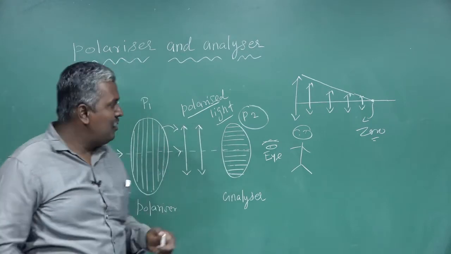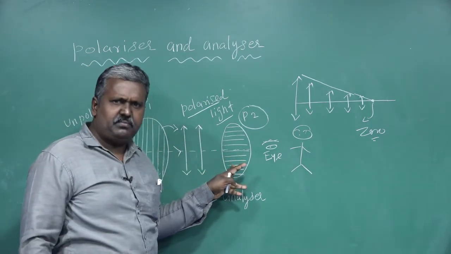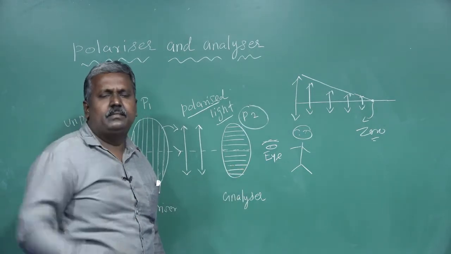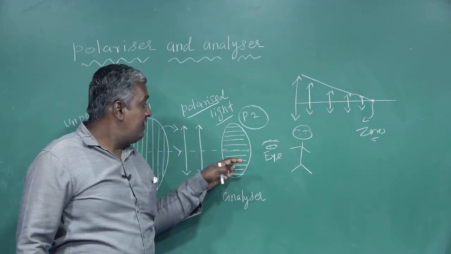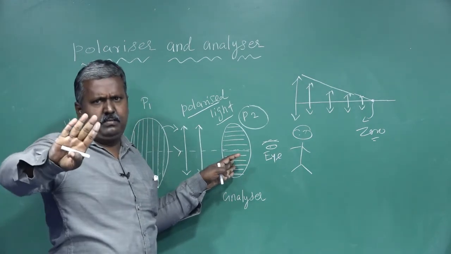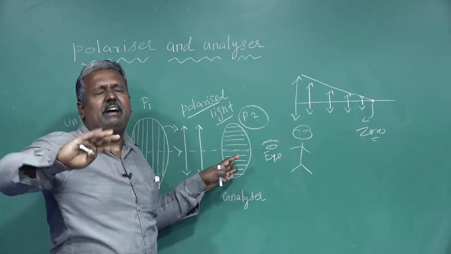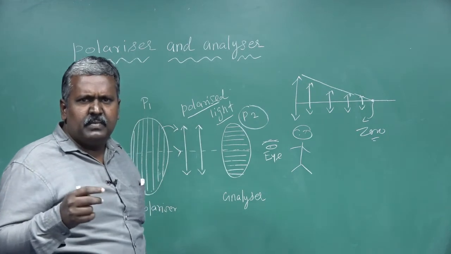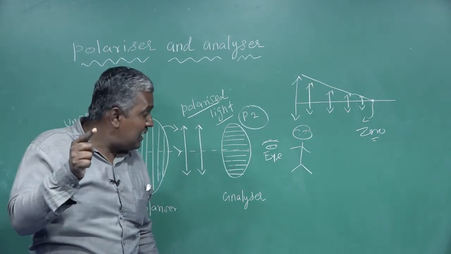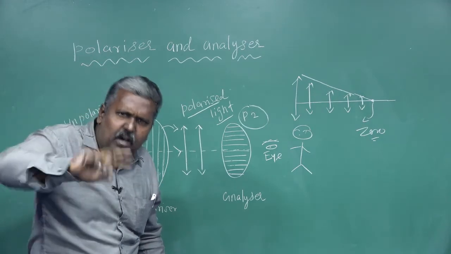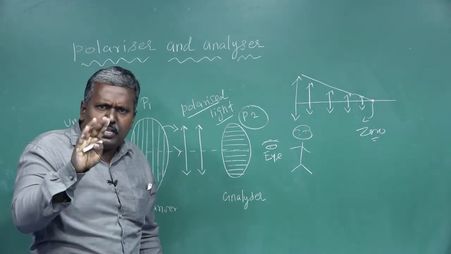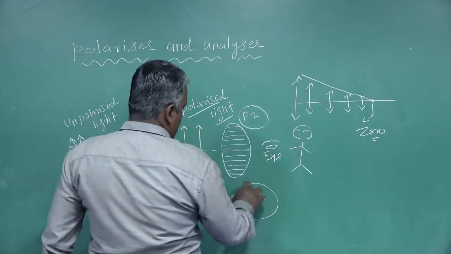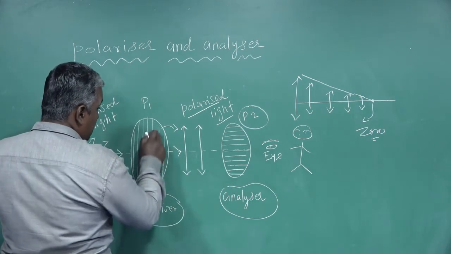Here P2 is used to analyze whether the light is polarized or not. In Tamil, it is used to examine. So P2, which is used to analyze whether the light is polarized or not, is called the analyzer.